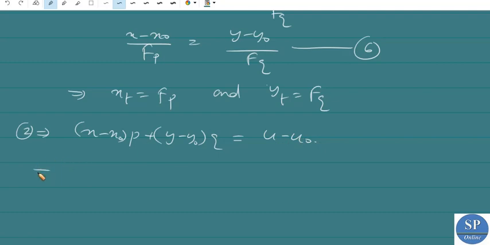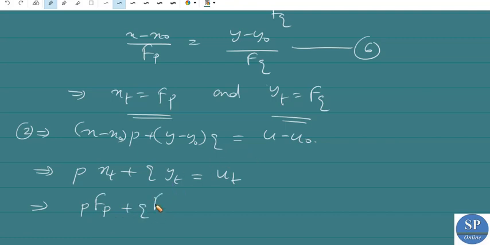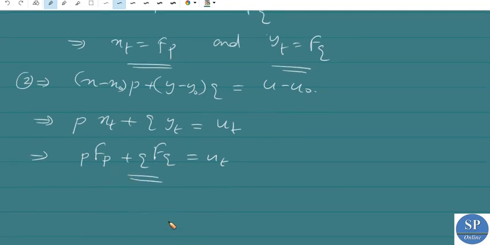Partially differentiating with respect to t, we get p into xt plus q into yt equal to ut, since the derivative of the constants is 0. Replacing xt and yt, we get p into fp plus q into fq equal to ut. So we obtained the slopes for x, y and u.